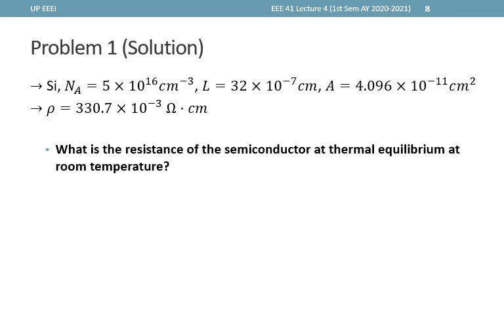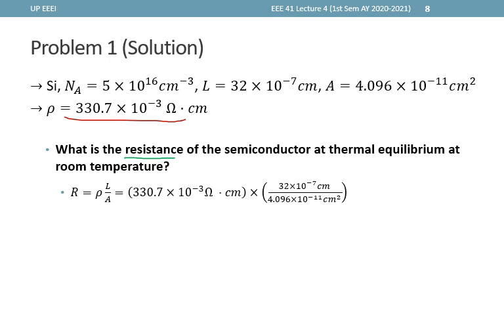So the question for this problem is, what is now the resistance? So from resistivity, we are to compute the resistance. We already have the resistivity. So R is equal to simply rho L over A, where rho is 330.7 times 10 raised to minus 3 in ohm centimeters.